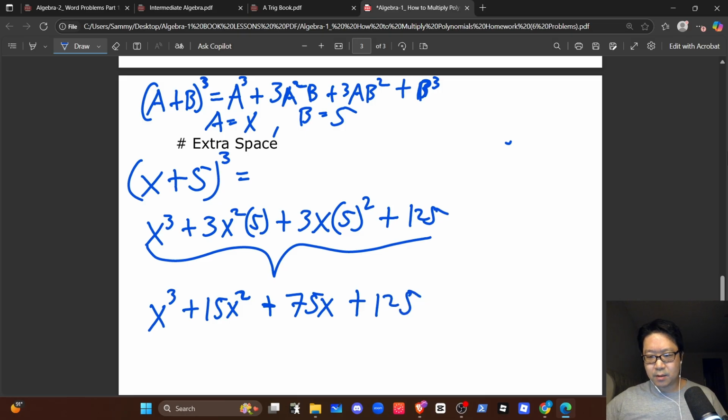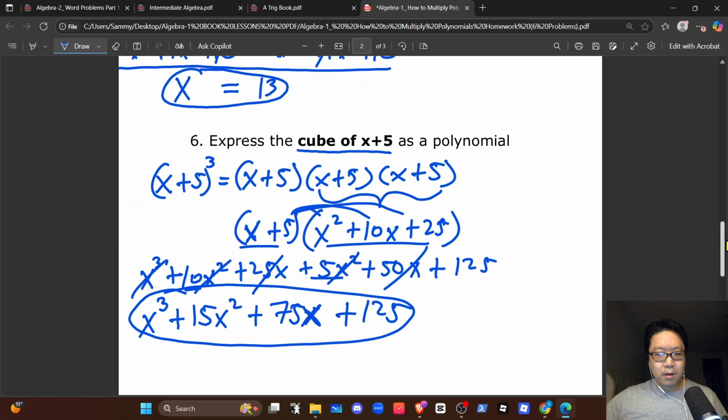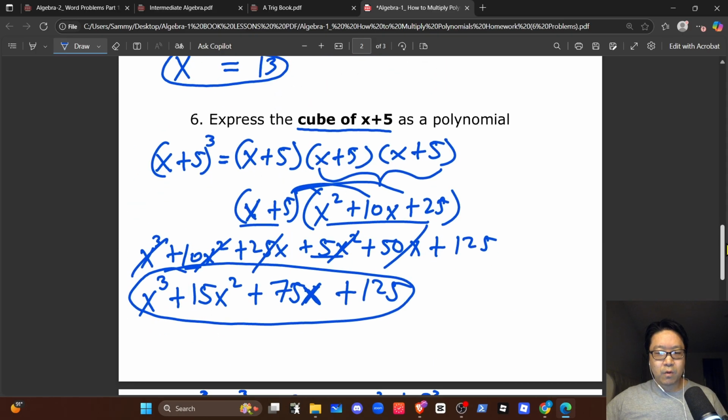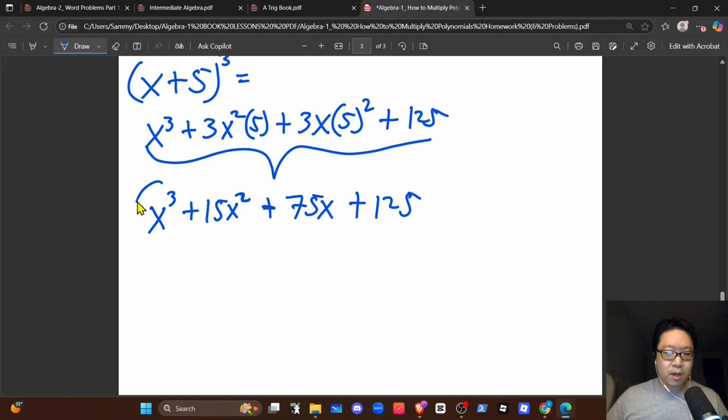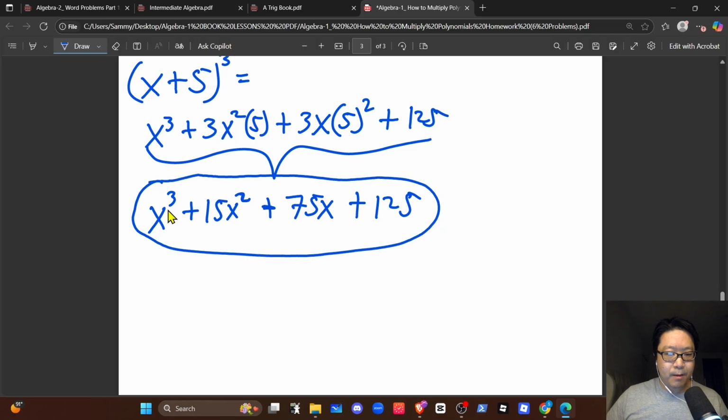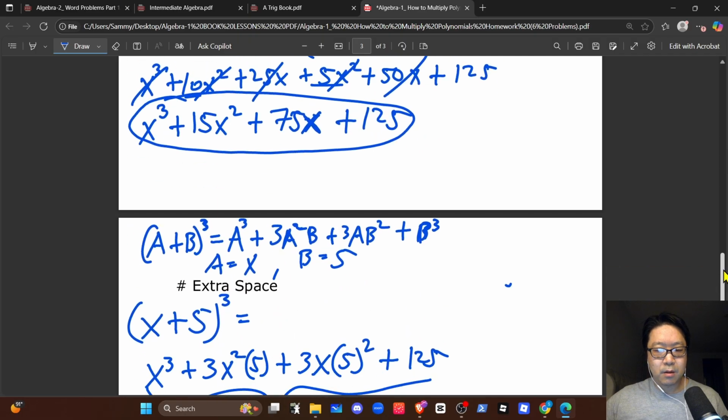And is this what we got? Yeah, x cubed plus 15x squared plus 75x plus 125. Okay, just something that can help you in your future. This formula is called the cube of binomials.